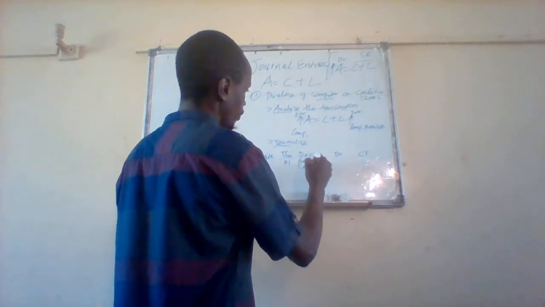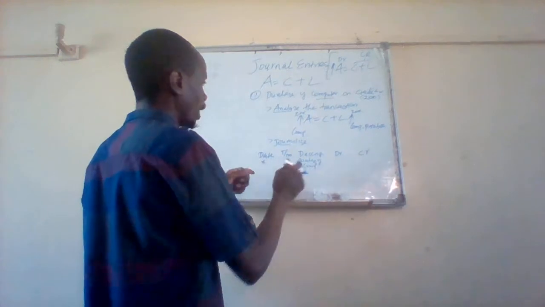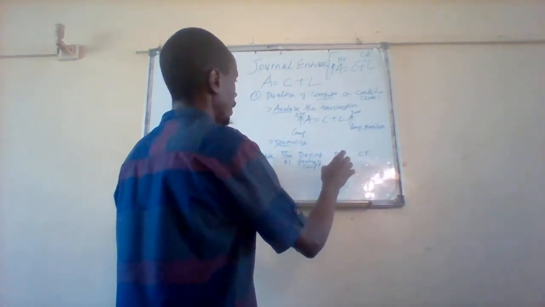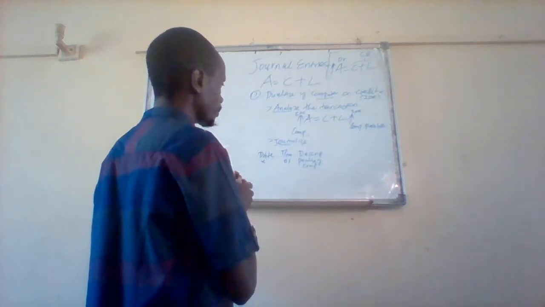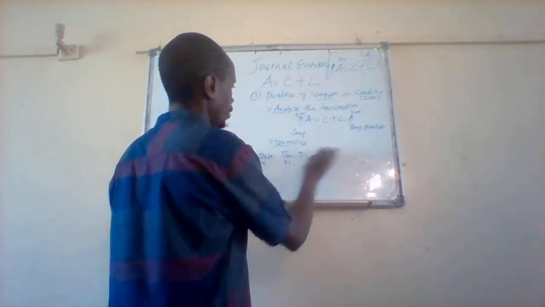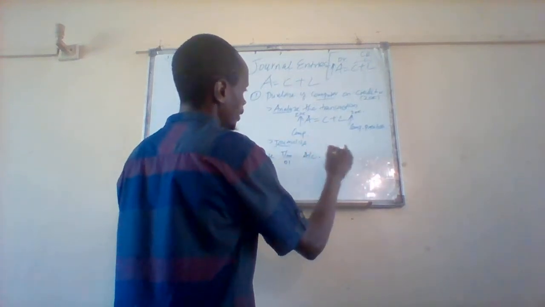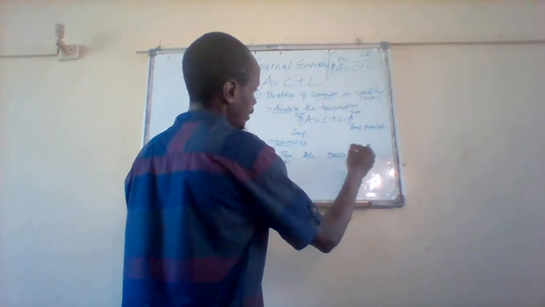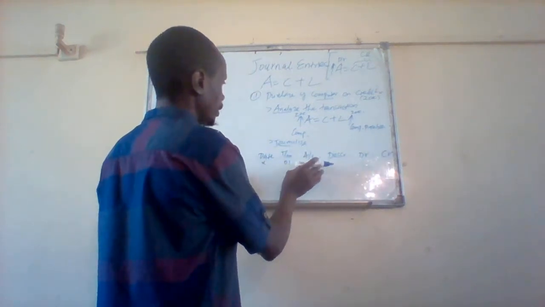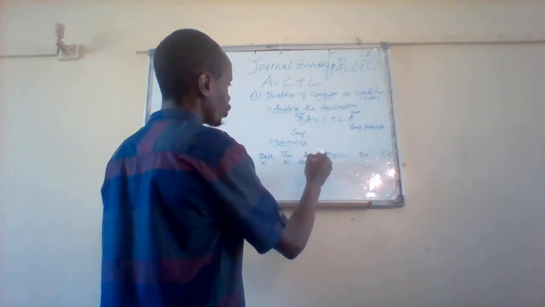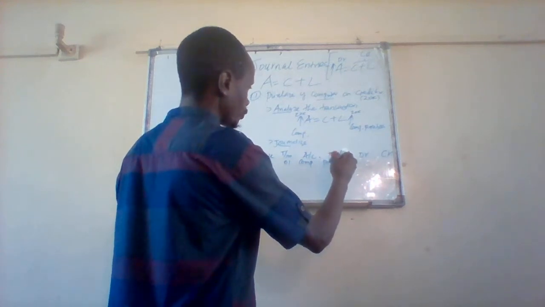Then, I've missed one thing here. I've missed the account column. So this is the account, this is the description, this is debit, this is credit. So we have account here is computer account, not asset account. Remember that very well.